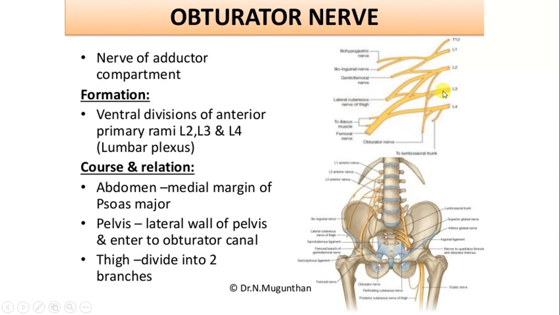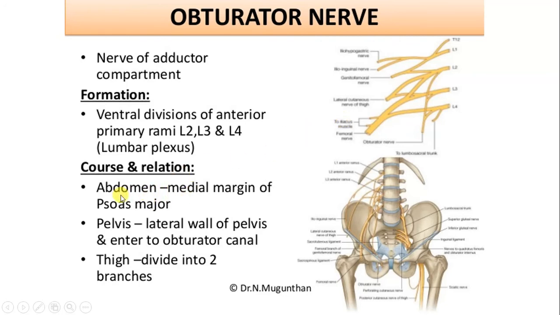So here are the anterior rami and here is the obturator nerve. L2, L3 and L4 anterior rami unite together and form the obturator nerve.